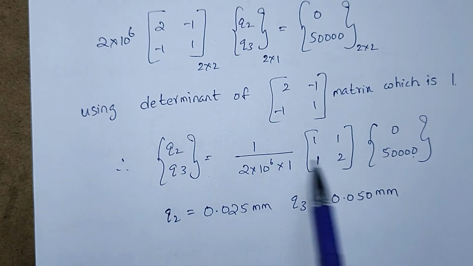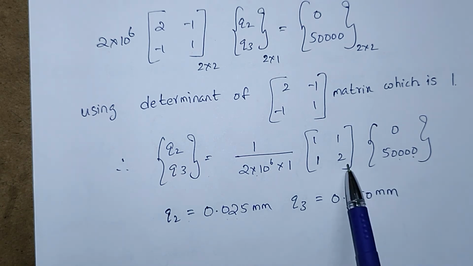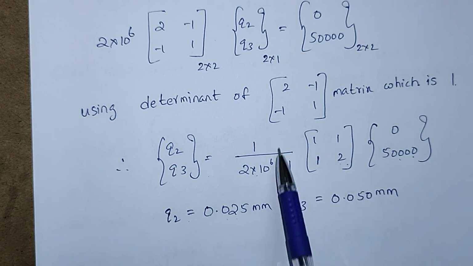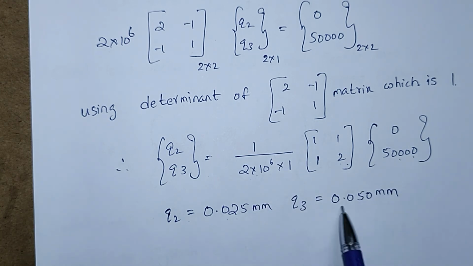So 50,000 divided by 2 into 10 to the power 6, we will get 0.025, the value of q2. And here it will come 1 lakh, so 1 lakh divided by 2 into 10 to the power 6 into 1 will get q3, that is 0.050 mm. Okay, so we got q2 and q3.